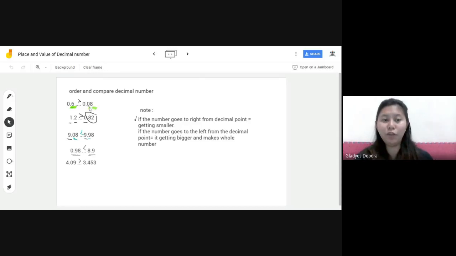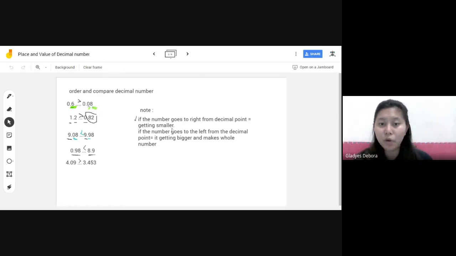We have a two-digit number over here after the decimal point, and a one-digit number over here after the decimal point. Of course, this number is getting smaller, and the other one is bigger, and so on.